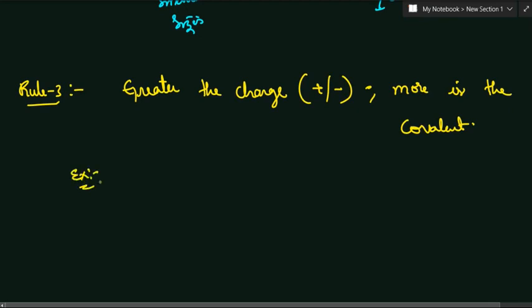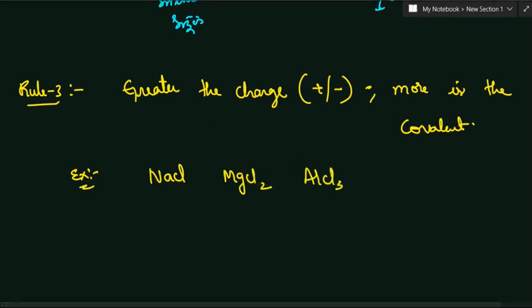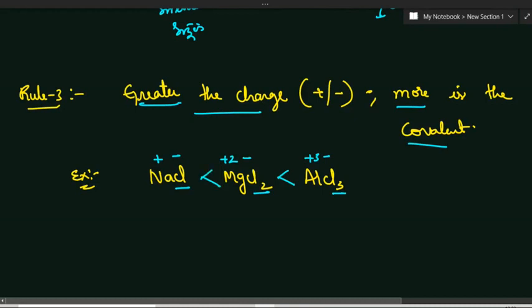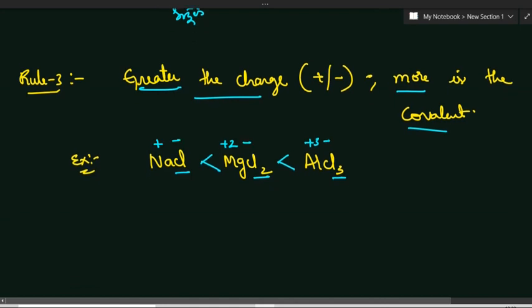Like for example, if I take sodium chloride, magnesium chloride and aluminium chloride, in these three, anyhow anion is same, Cl minus, so negative charge is same: minus 1, minus 1, minus 1. But sodium plus 1, magnesium plus 2, and aluminum plus 3. So greater the charge, more is the covalent character. So therefore, AlCl3 is most covalent, then magnesium chloride, then sodium chloride. This is about the rule number 3.